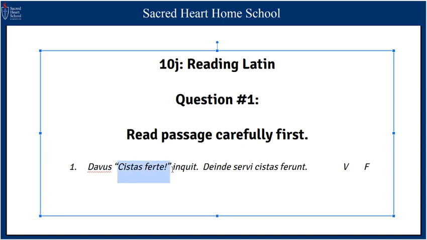So, bring the trunks. That's what Davus says. And then, deinde, the slaves bring the trunks. Now, if you go back to the passage, you'll see that this is indeed a true.